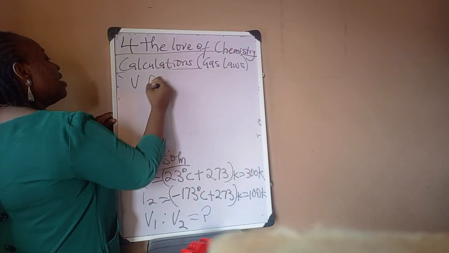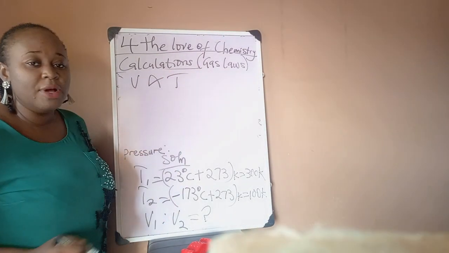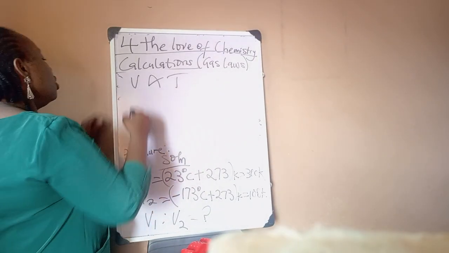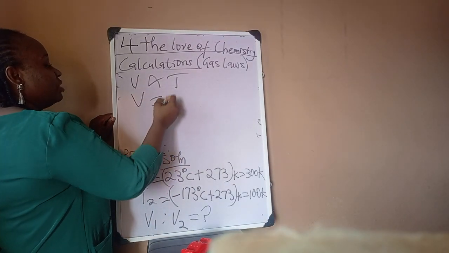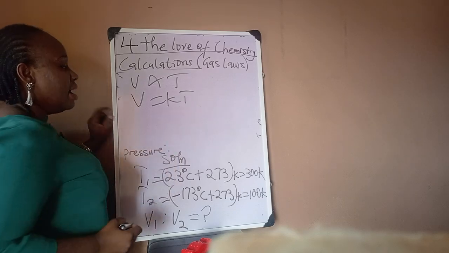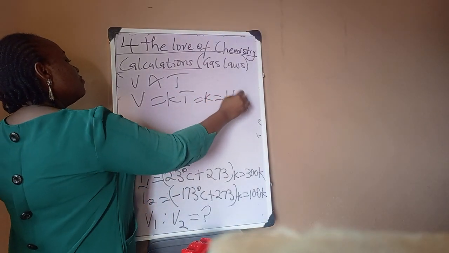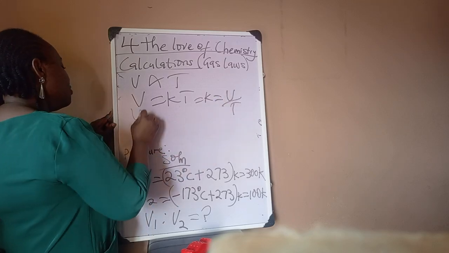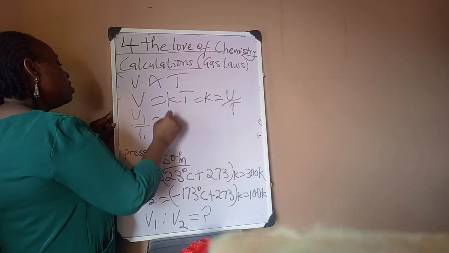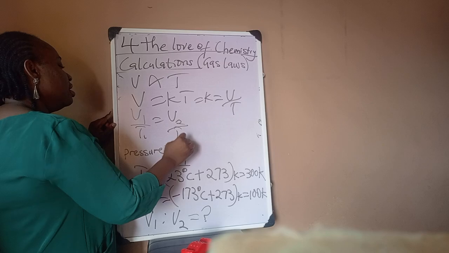When you bring in the constant of proportionality, making K subject of the formula, K equals V over T. So V1 over T1 is equal to V2 over T2.